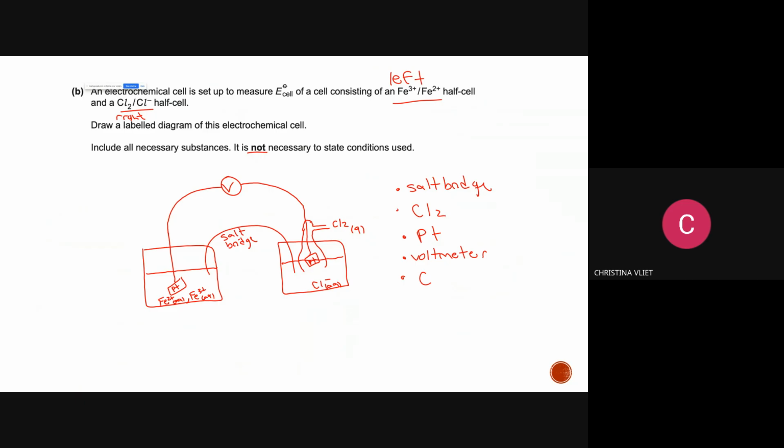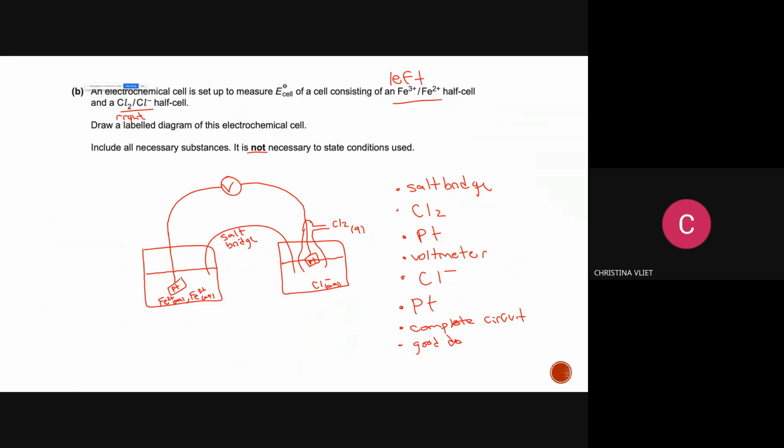Voltmeter, Cl minus, another platinum electrode. And then, did you complete your circuit? That means, did you make sure the salt bridge went into your water levels? If you don't have water levels, you don't have a circuit. Do you have a good delivery system?